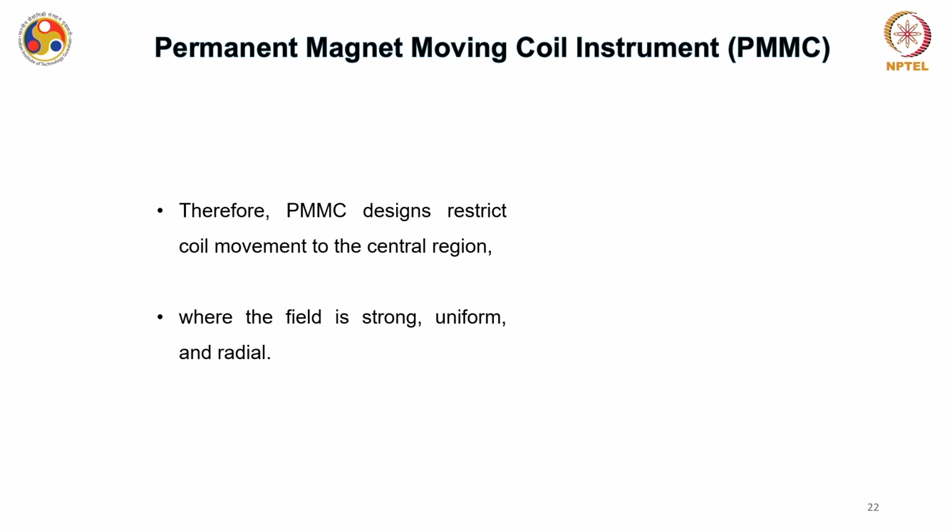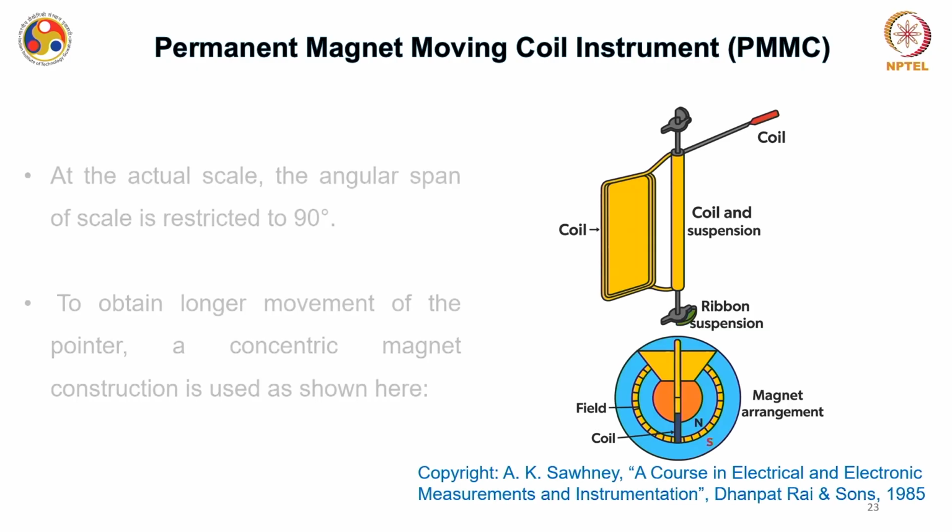Therefore, the PMMC designs restrict coil movement to the central region, and usually larger gaps are not preferable, because only in this central region is the field strong, uniform and radial, and this will keep the scale of the PMMC tool linear. Otherwise, you may have to use a non-linear scale and you may end up getting wrong results.